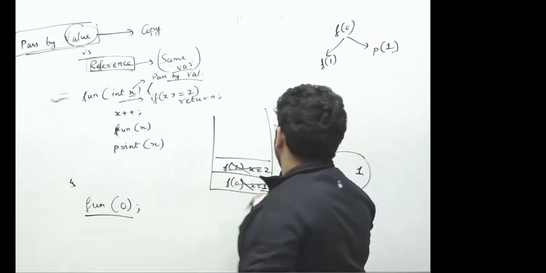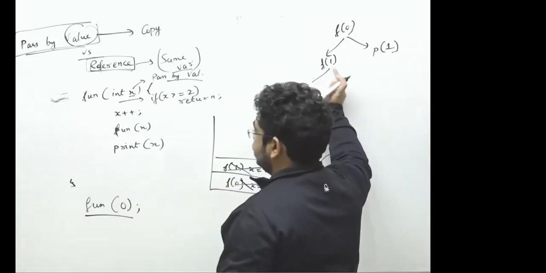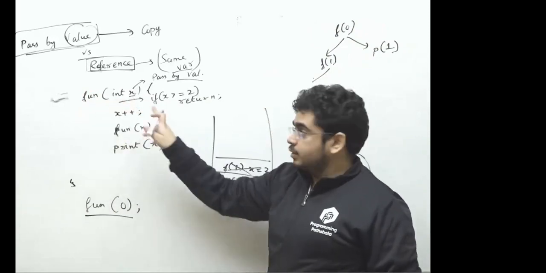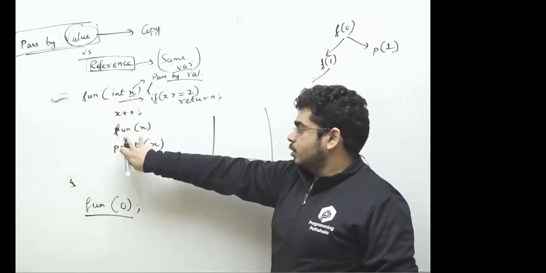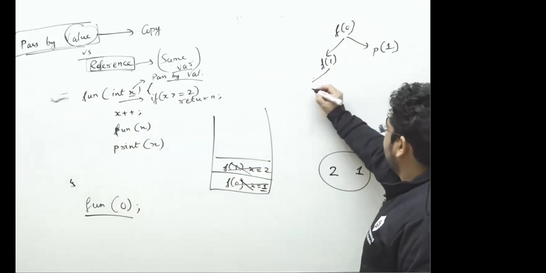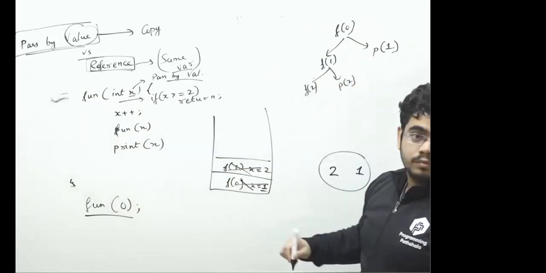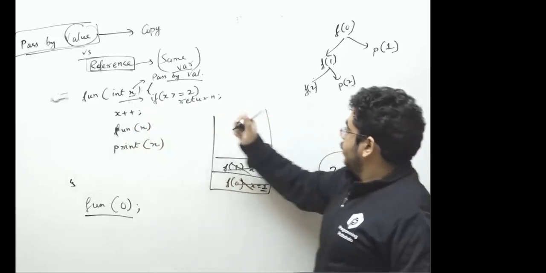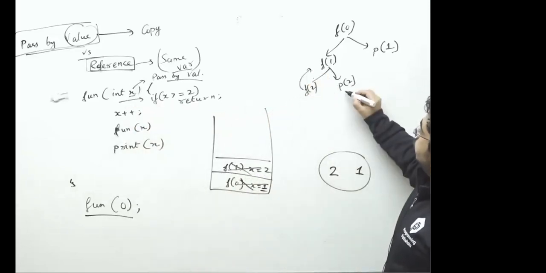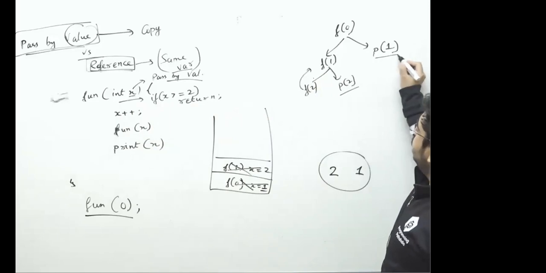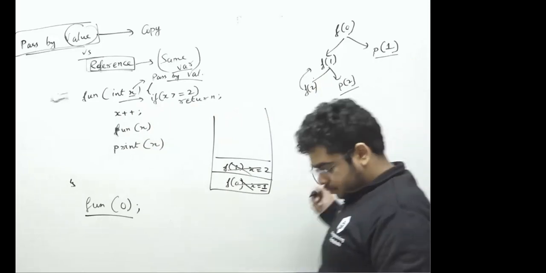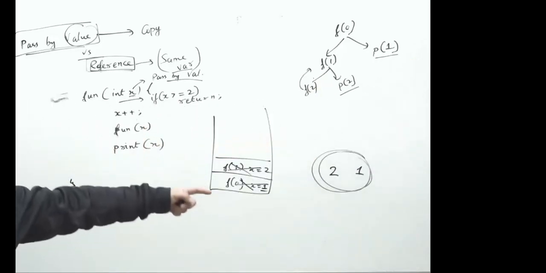Yes, this is recursion. Then this f of 1, what it does, it checks this, it makes it 2, calls f of 2, prints 2. So call f of 2, print 2. And this f of 2 will simply return. So basically we'll print 2 and we'll print 1. Are you clear with this now, with the tree diagram?